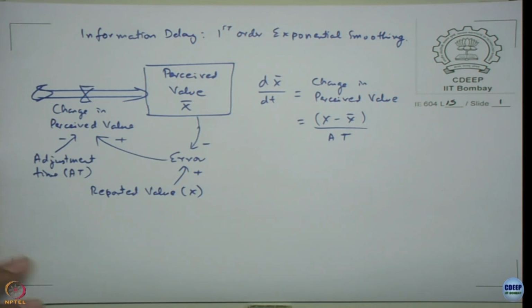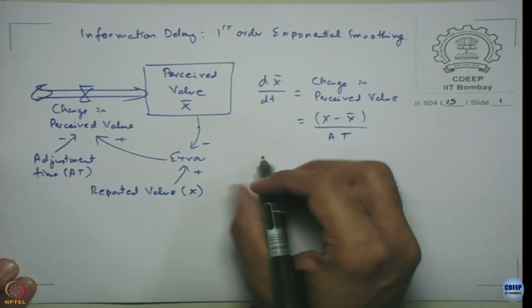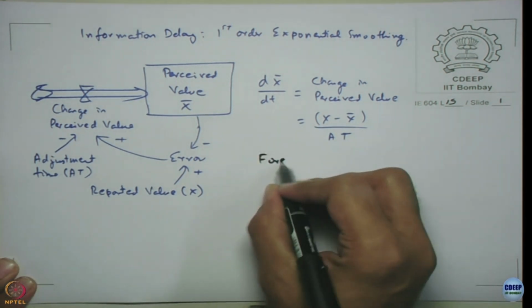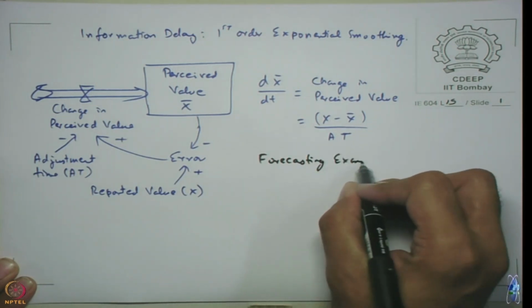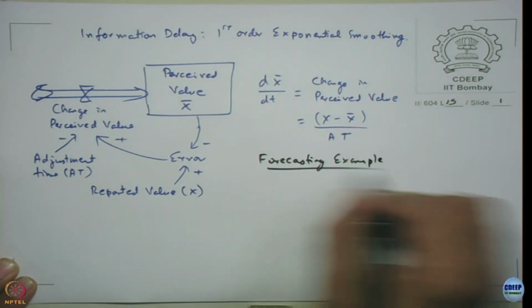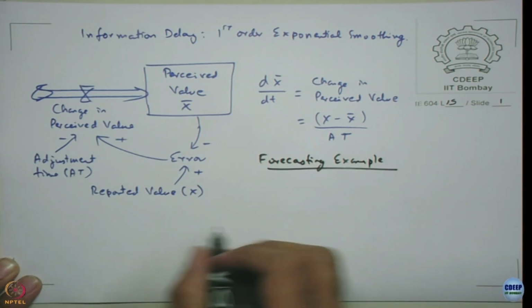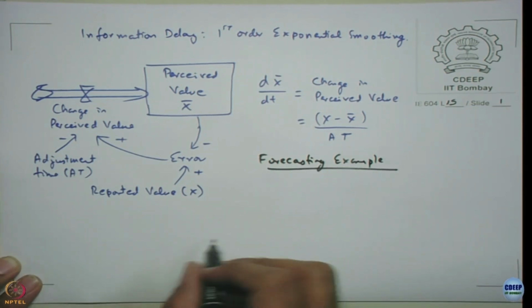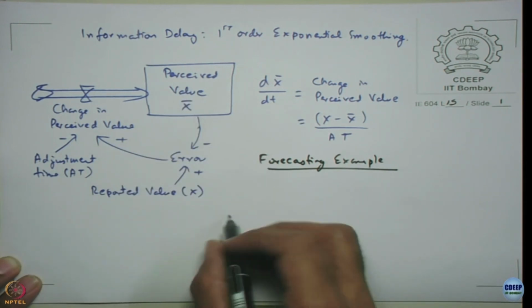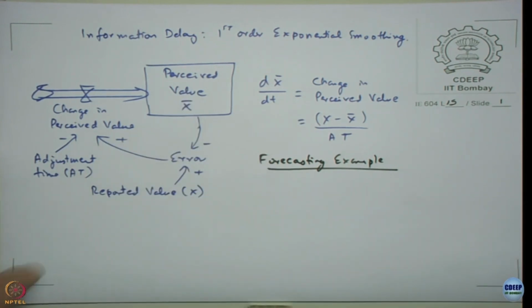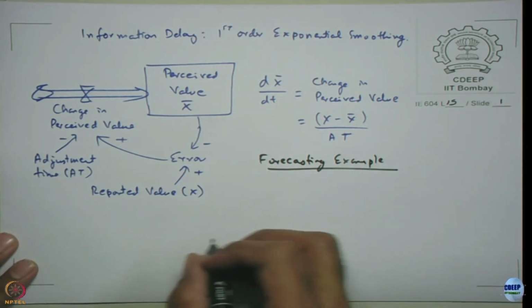Let us take up a simple forecasting example. In this forecasting example, let us map it similar to this. Let us say we are going to forecast the expected demand rate or expected order rate of a particular inventory stock item.